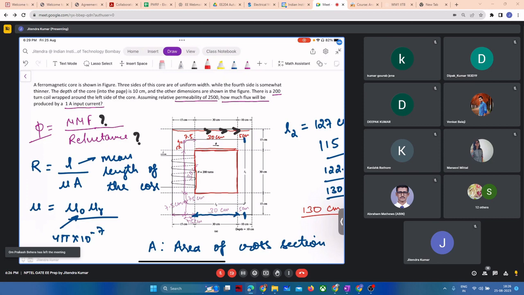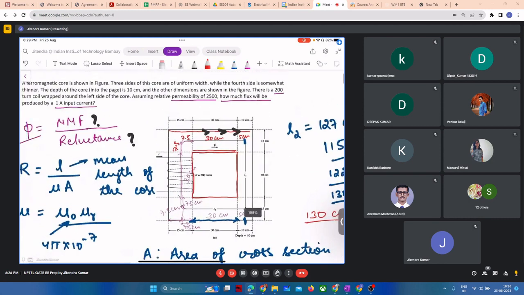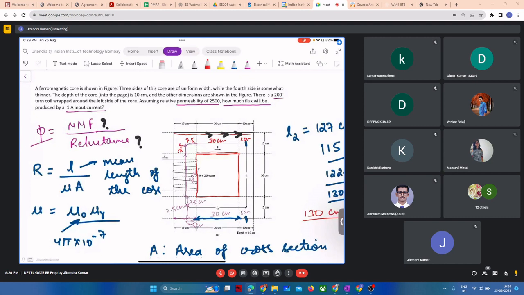Cross-sectional area is nothing but the depth of the core, whatever the length along the z direction if you are seeing this in the x and y directions, multiplied with the width of the core.